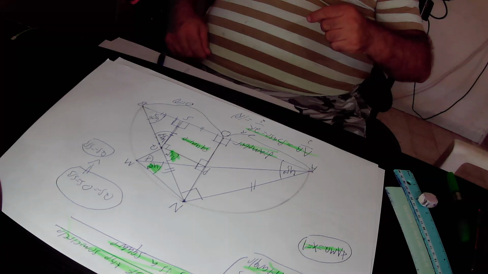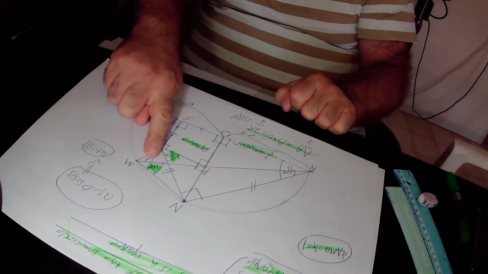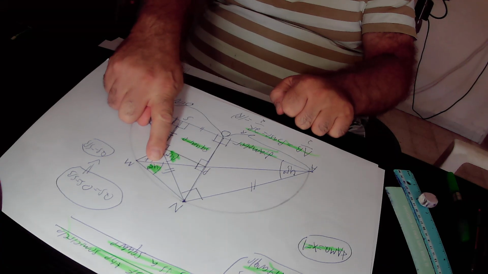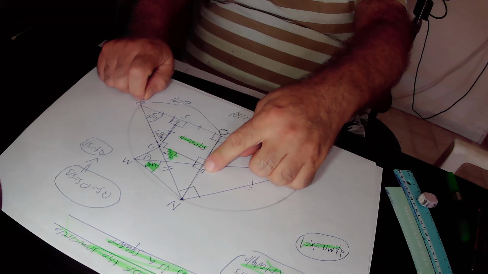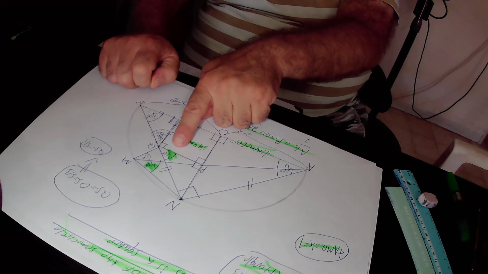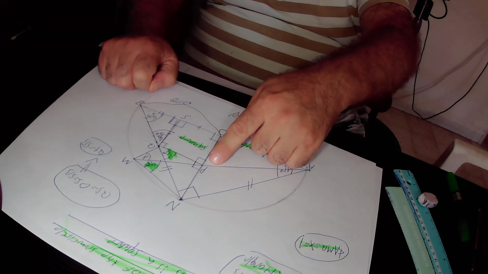Actually, before that we have those two angles. This is angle NMP, which equals 45 degrees in size, and it subtends on the base NP. Likewise, this is angle NQP, which also equals 45 degrees in size, and it subtends on the same base NP.